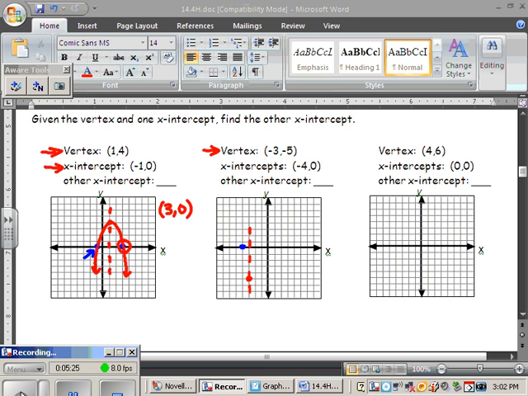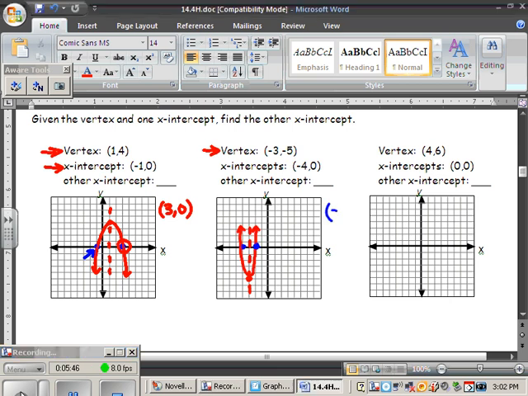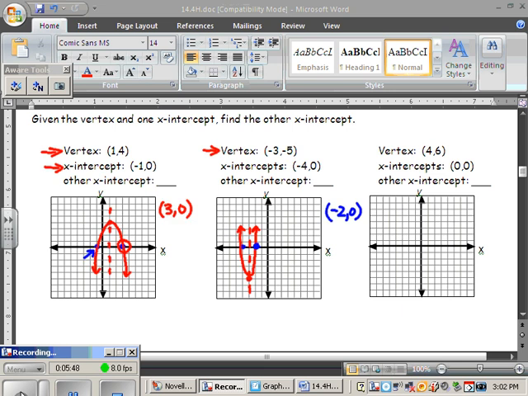Hopefully you can see that would be one space to the right. And then if we drew our parabola, it should be symmetrical on both sides of our vertex. So our missing x-intercept is going to be at (-2, 0).